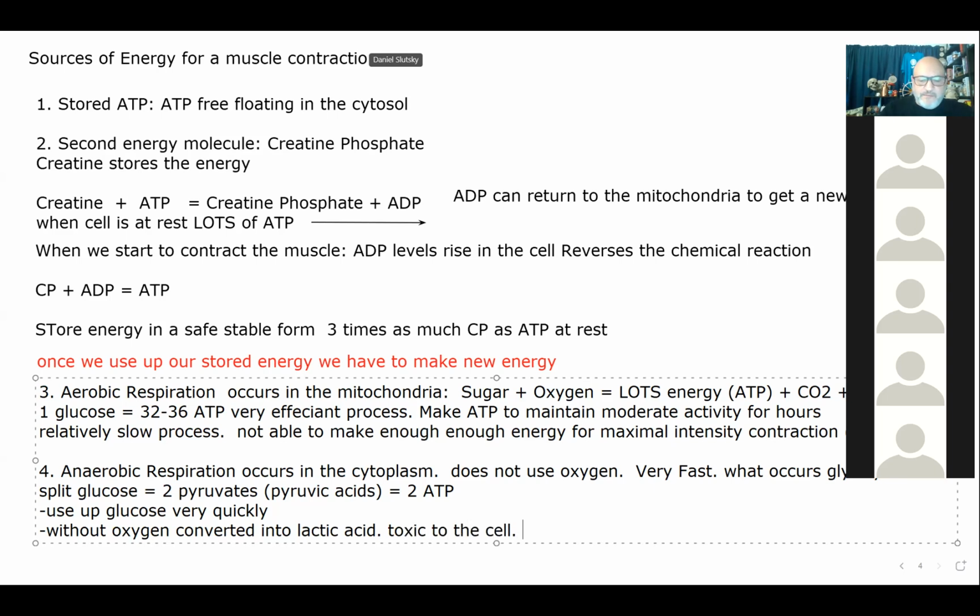And it is one of the main causes of muscle fatigue. So we can make enough energy to sprint for a minute, but we're not going to be able to sprint for hours, the same way that we can stand for hours, assuming we're not 7 months pregnant.